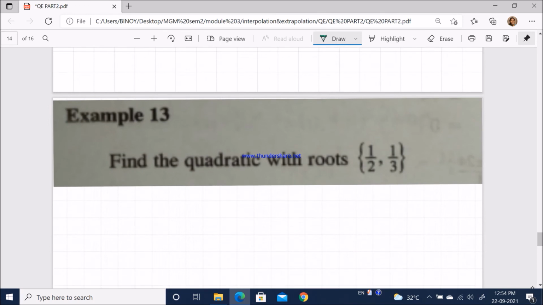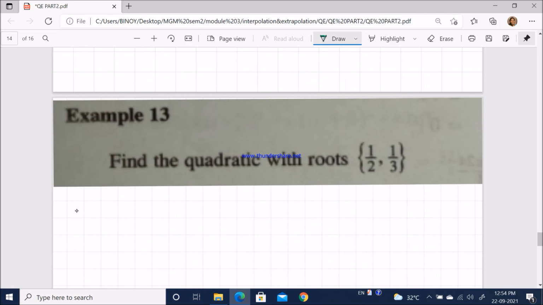Now moving on to the next question. You are asked to find the quadratic equation with the roots 1 by 2 and 1 by 3. We are given the roots and we are asked to find the quadratic equation for these roots.